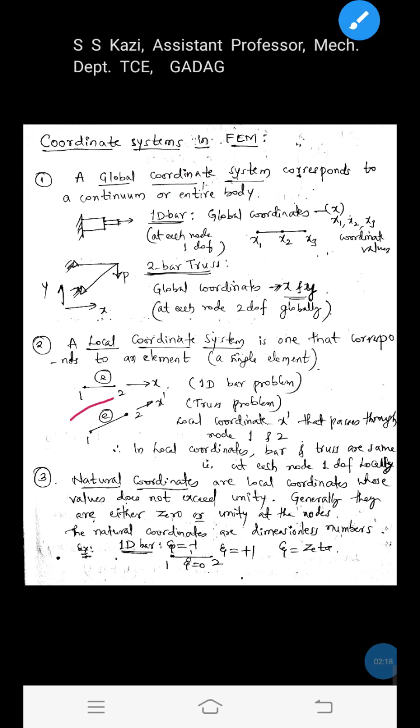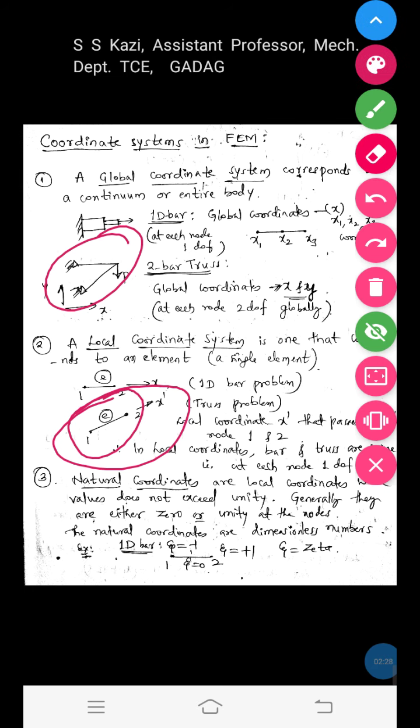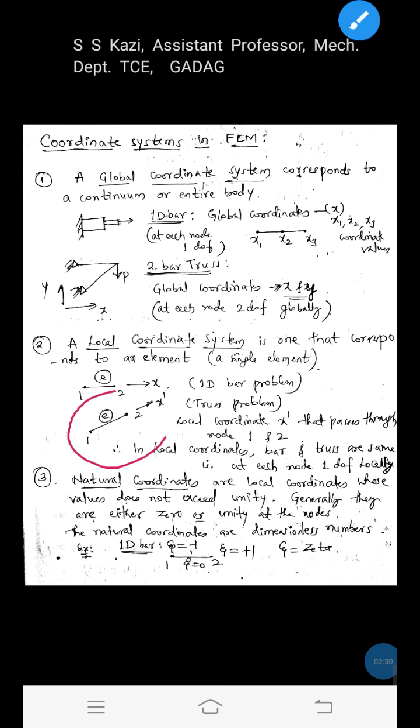If you consider a truss element, a truss is a combination of 2 or more bars. In the case of the 2-bar truss, if you take a single element, what is the local coordinate for this single element of a truss? The local coordinate in the case of a truss passes through the nodes of the single element.